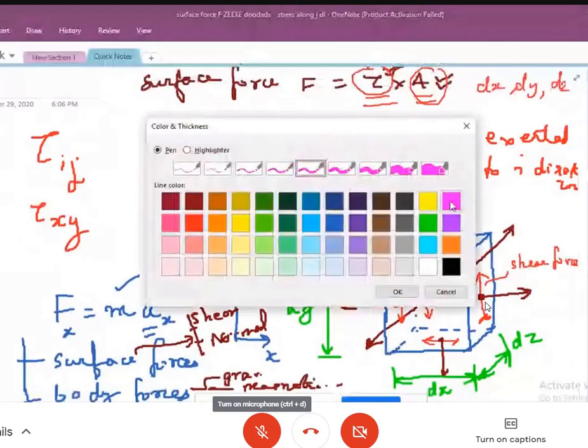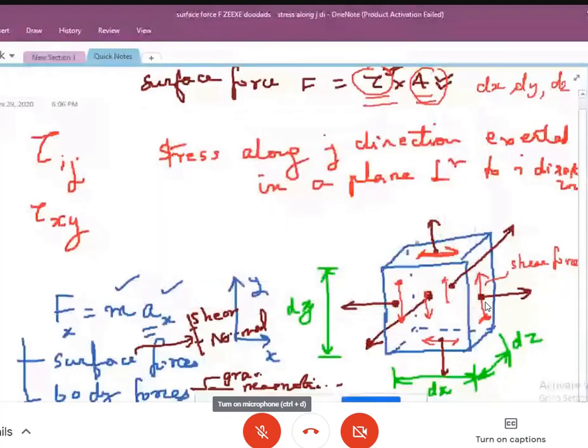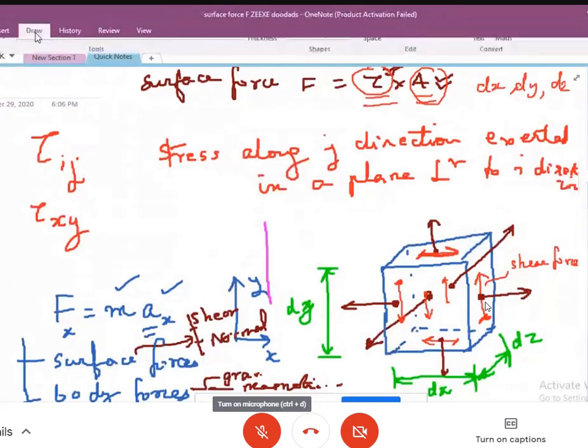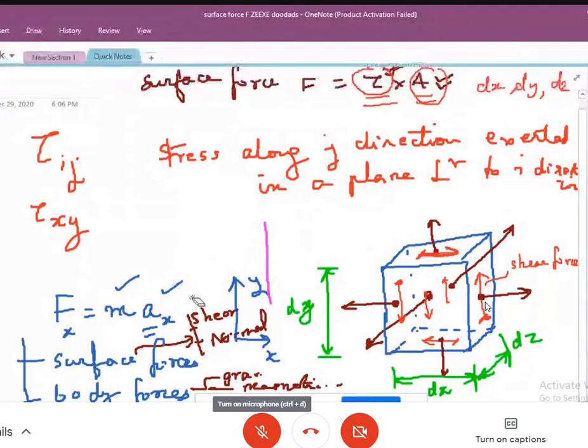So here it is in the direction y. Let me redraw this coordinate system for your convenience, because I have limited space available here.